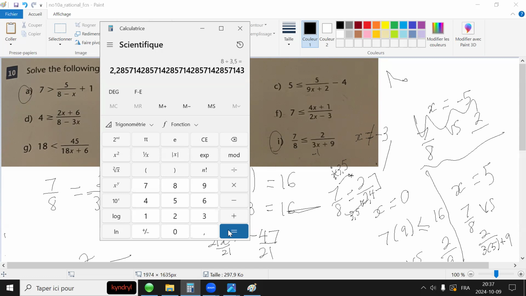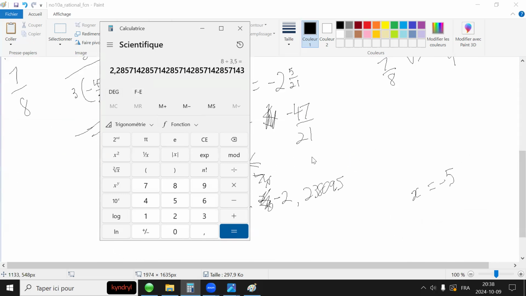So this needs to be a negative, so it needs to be subtracted from 9. Because I have 9, this needs to be equal to 3x plus 9. So 2.28, 57, and so on.